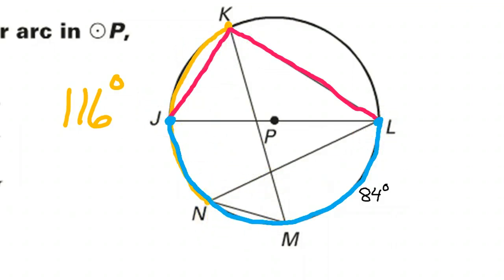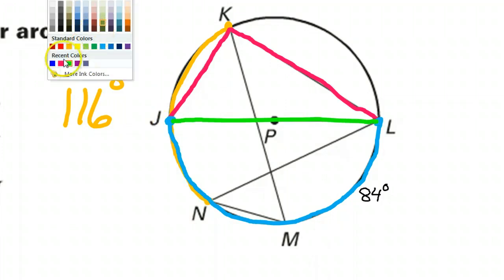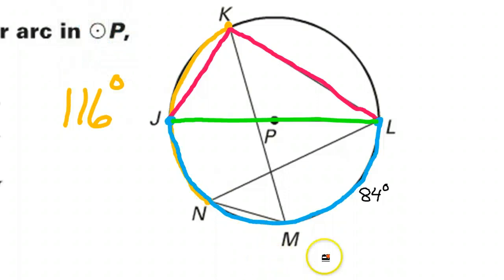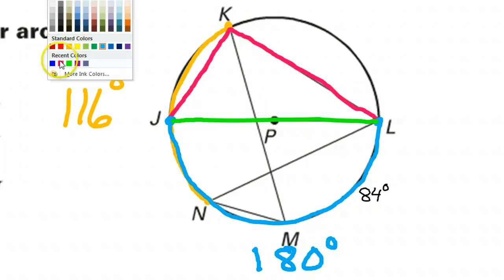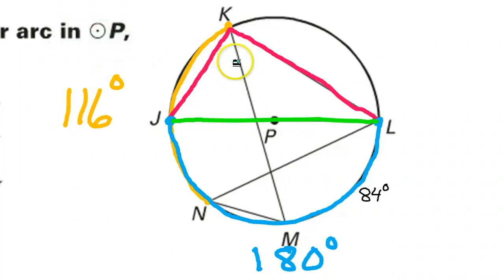Wait a minute. Isn't this a diameter right here? How many degrees is this blue arc? This blue arc is 180 degrees. In that case, how many degrees is the pink angle? 90 degrees.